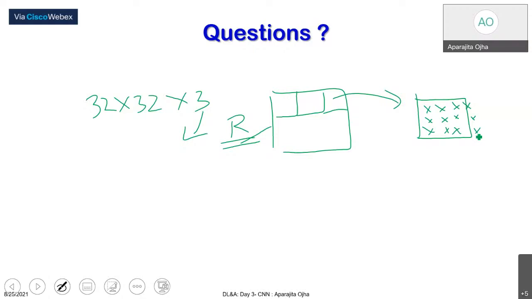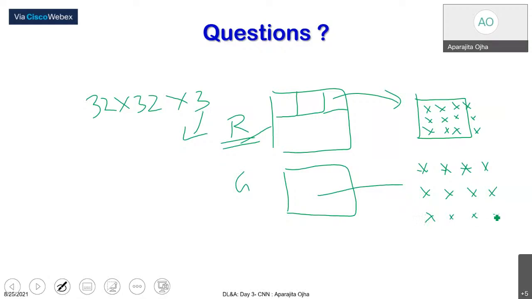Similarly, on the G channel, I will use convolution and get another 4 cross 4 output. And similarly on the B channel. Then I will be component-wise adding these values. So this value plus this value plus the first value here.